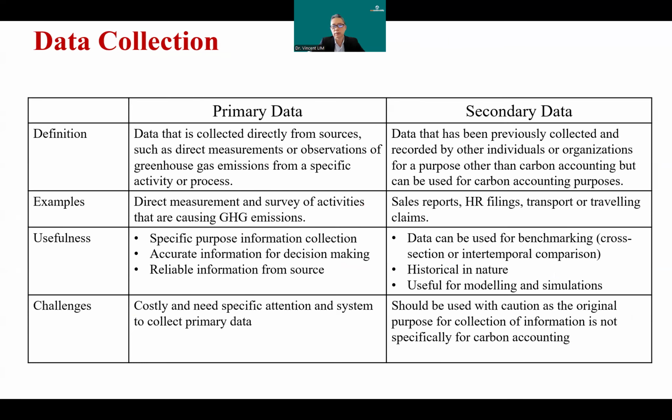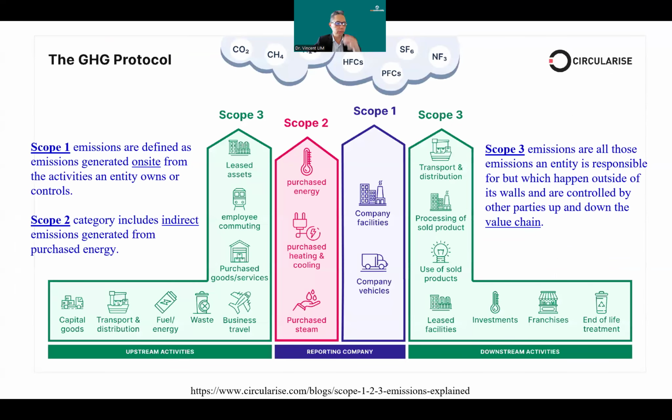Next, data collection. I won't go through too much, but sometimes it is very important to have the auditors come to the site and actually do it themselves, because primary and secondary data can be very, very different. Next, scope 1, 2, 3 in a graphical form. From here you can see that scope 1 is what you burn.